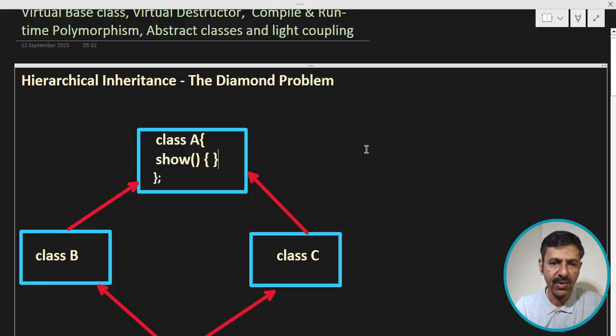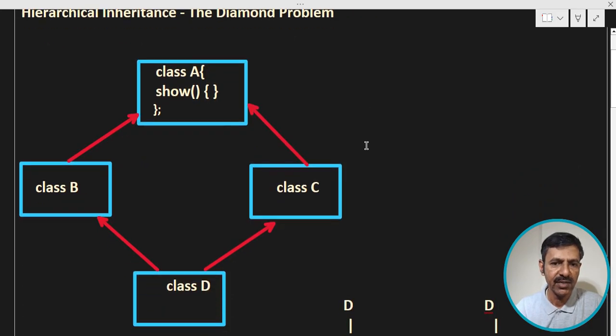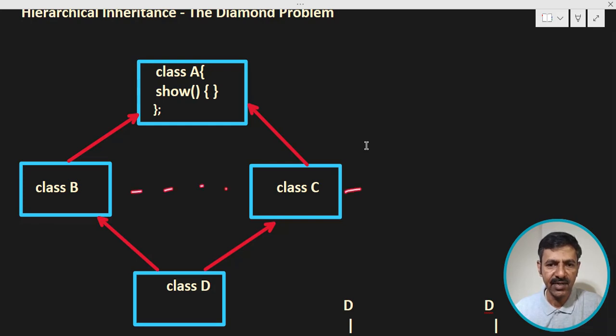I mentioned different types of inheritance. One of those was hierarchical inheritance. In this, the base class A is extended by both B and C. If it were confined to only this level of inheritance, ending with B and C, there wouldn't have been any problem.